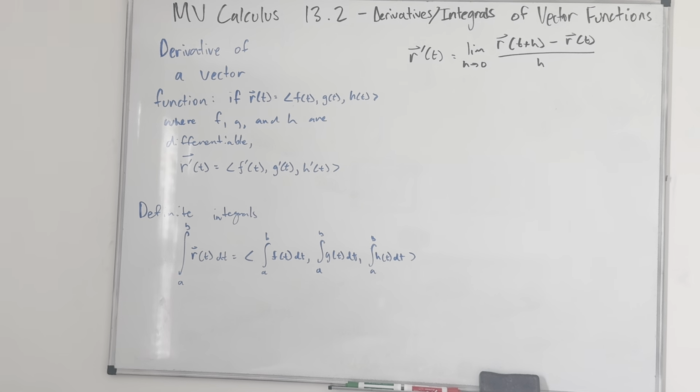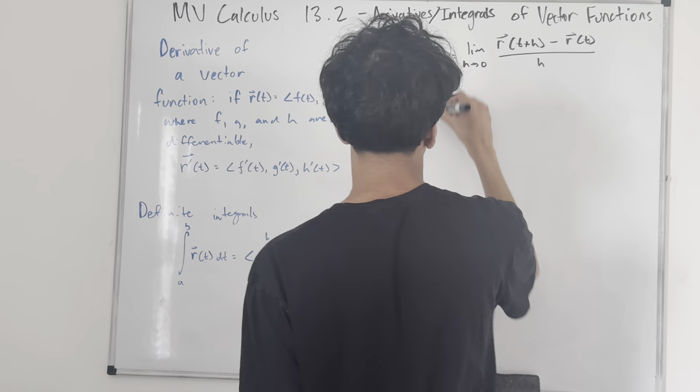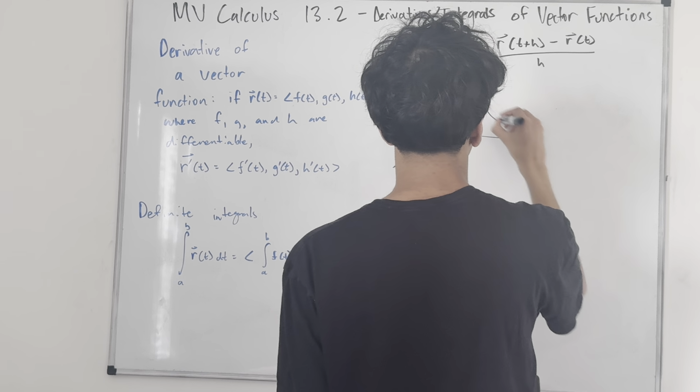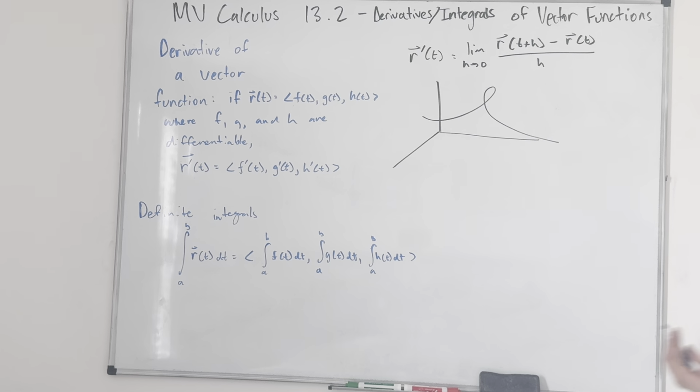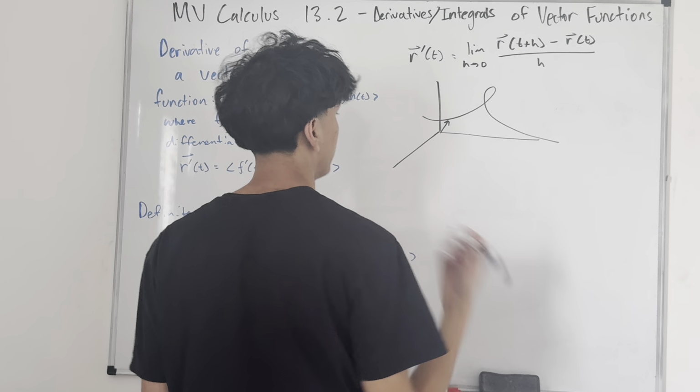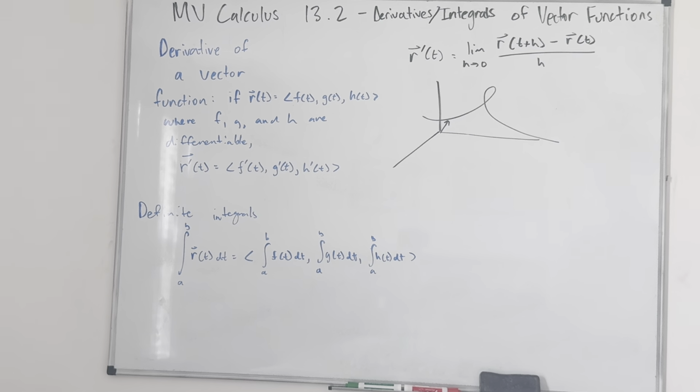That's the deal. Now, if you were to think about a space curve, remember, a space curve is really just the path traced out by the tip of a vector function, r of t.